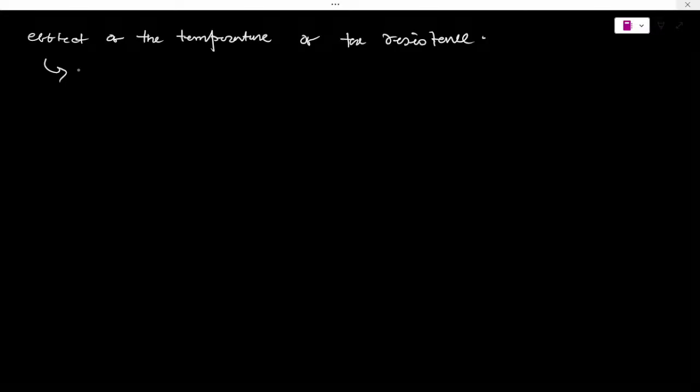So for metal, the temperature coefficient alpha is positive.